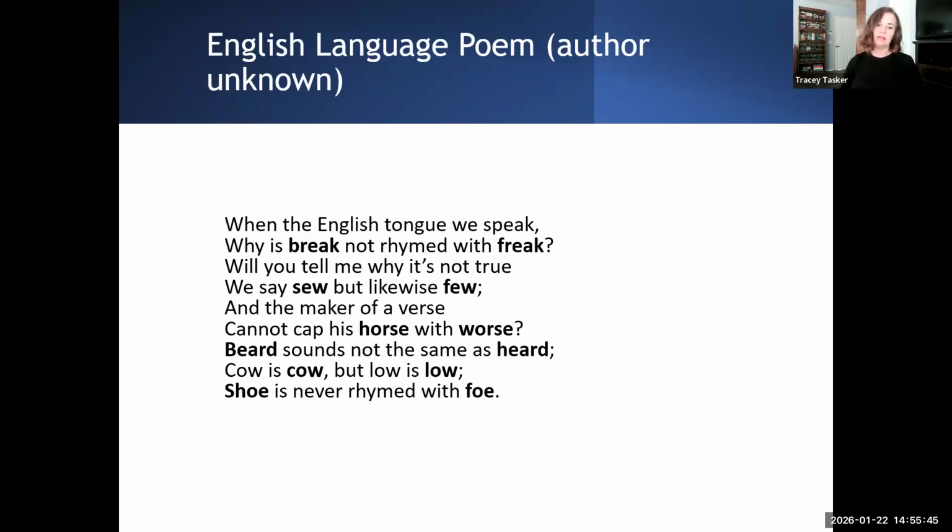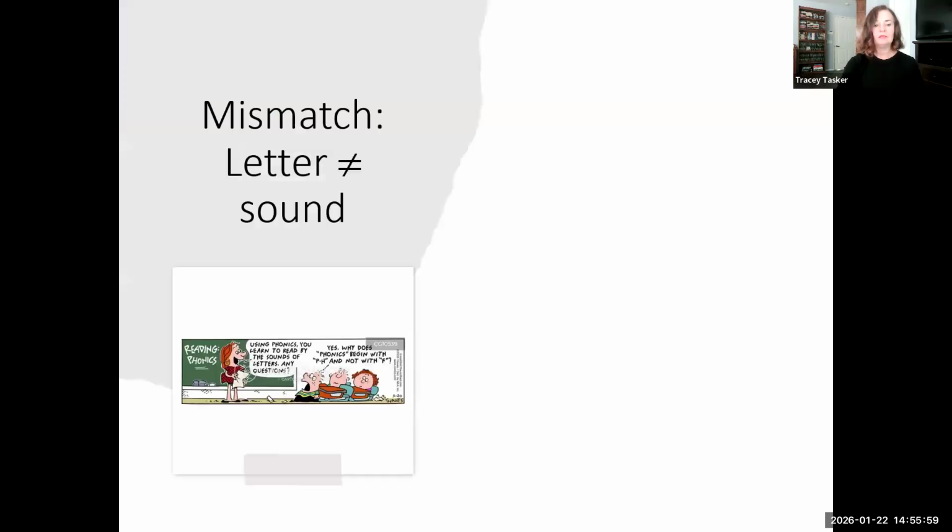So, as you could see, many words are spelled the same, but are not produced the same. Okay, when we phonetically transcribe them, they're not going to look the same. As you could see by this cartoon, children start to pick up on the fact that we have different spellings for the same sounds.